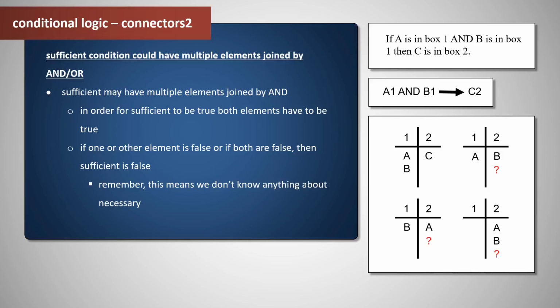So we actually don't know where C is going to go in the rest of these diagrams. A lot of students will immediately think that if it's not the case that A is in 1 and B is in 1, then C can't be in 2. No. All that tells you is that this sufficient is not true, which means the conditional has not been activated, which means we don't know anything about the necessary.